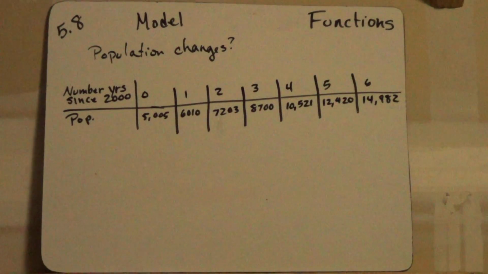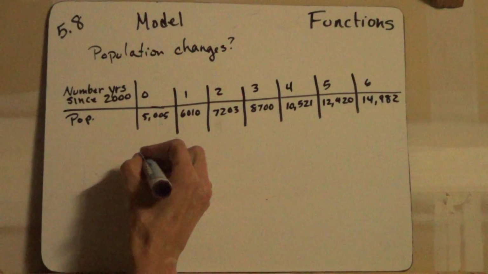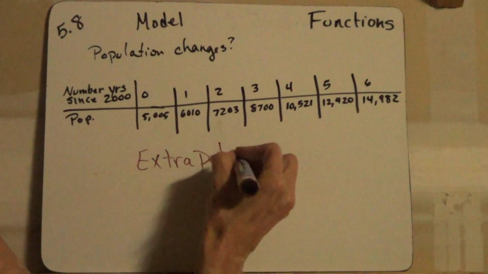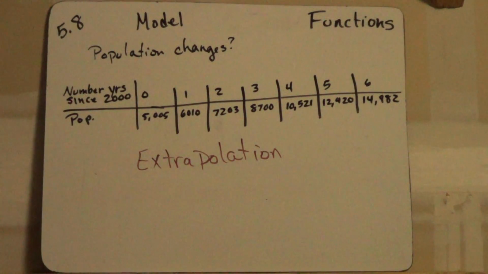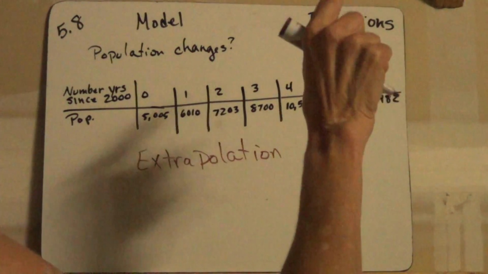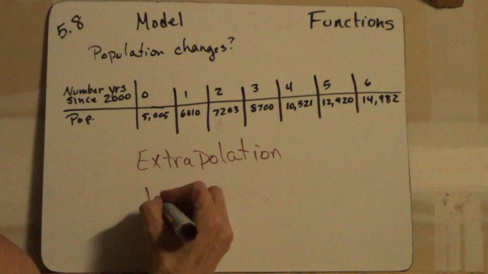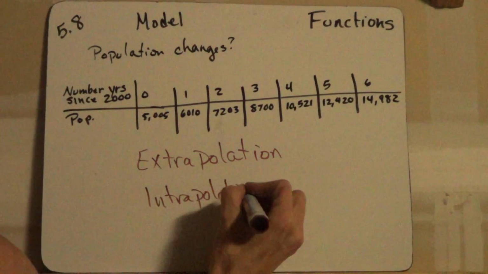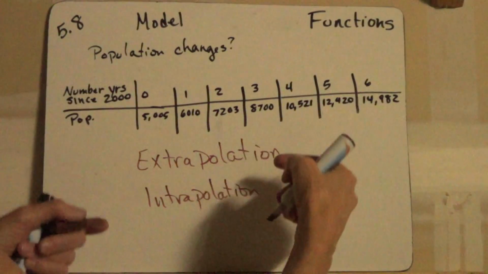Now remember, if you're predicting beyond the data, that's called an extrapolation. And we talked about this in class and maybe on another video, but extrapolation, when it goes beyond your data, is not as accurate as interpolation. Interpolation means that it's within the data points, within the domain that I've given you.